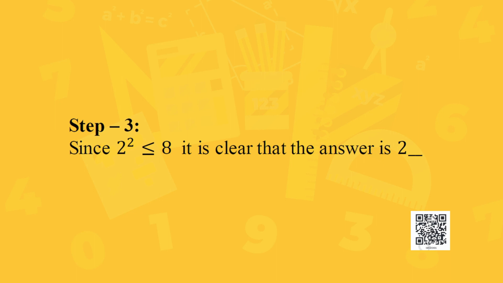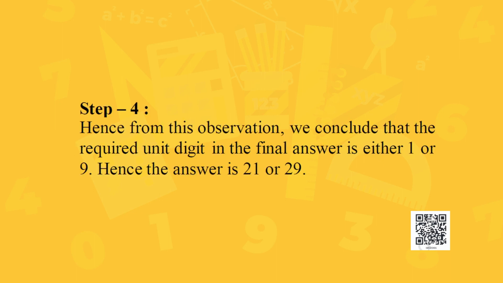So it is clear that the answer will be 2 and a number. For the unit digit, let us observe the unit digit of the given number. So in the given number, that is 841, the unit digit is 1. By using the property, we know that from the list of the squares, we see 1 comes as the last digit at 1 square and 9 square.